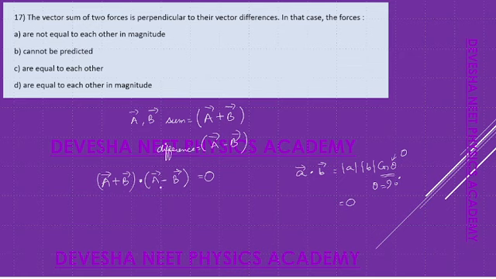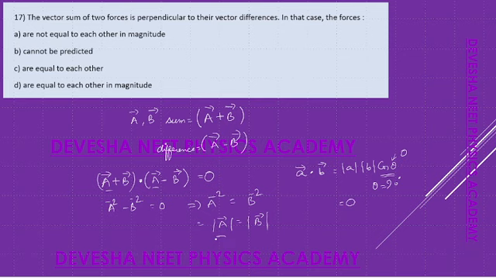In this case also, A square minus B square is equal to 0. It means A square is equal to B square, so the modulus of A is equal to the modulus of B.